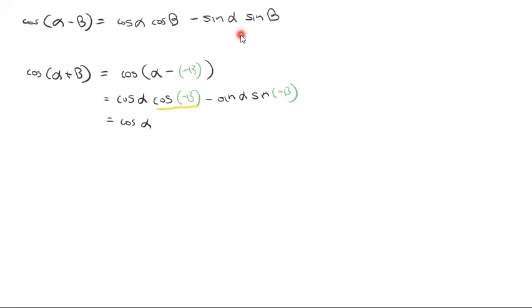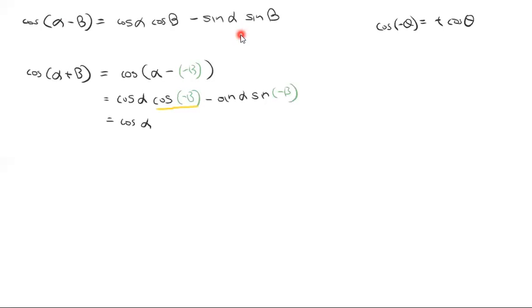Basically cosine of negative theta equals cosine theta. Positive cosine theta. You guys remember this from a long time ago, where negative theta is in the fourth quadrant and it's cosine, so it's positive, and then you just do theta, right?